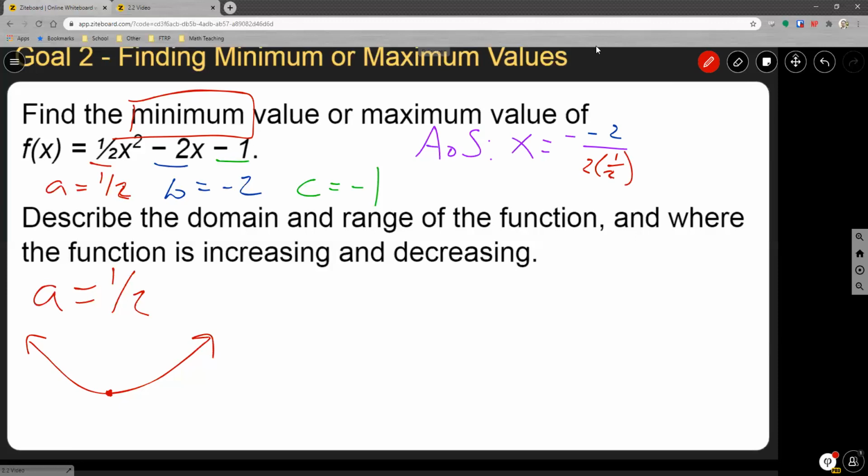So I've got -2 over 2 times 1/2. Let's evaluate that. A negative times a negative becomes a positive, so I have +2 over 2 times 1/2, which gives me 1, which means my axis of symmetry is on the line x equals 2.